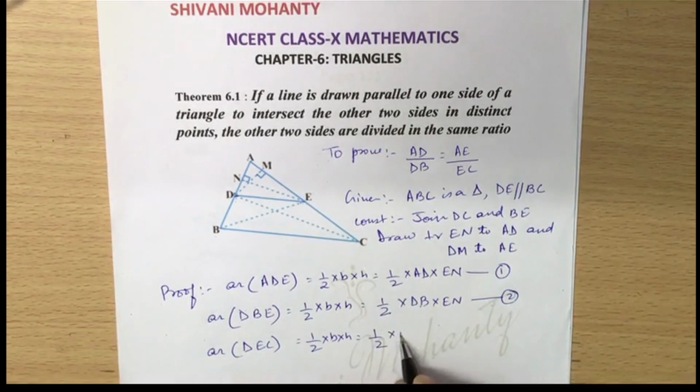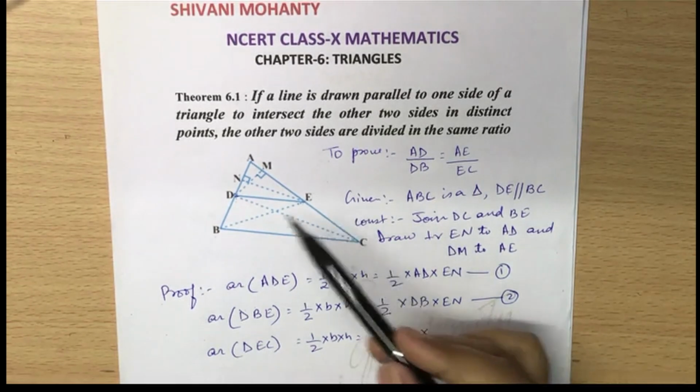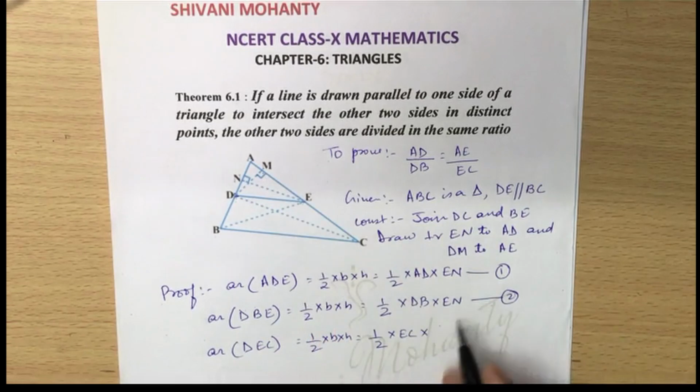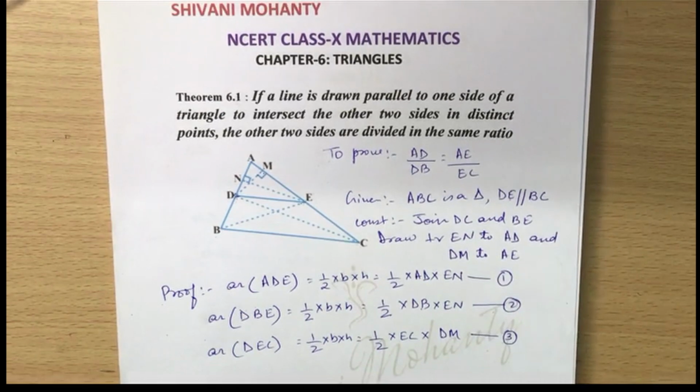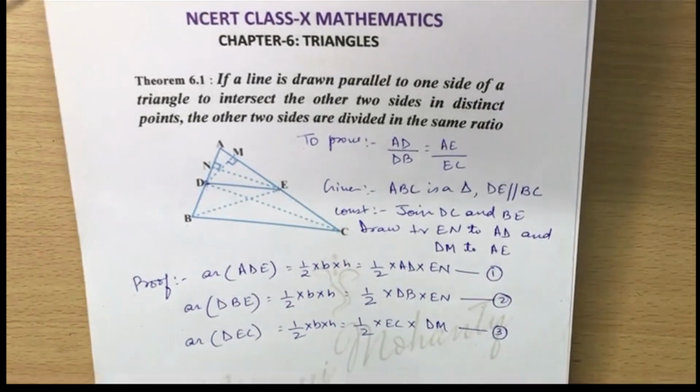EC. So you write EC. And what is the height? Height is DM. Name it as equation number 3. Okay. Now I will be using equations 1, 2, 3.